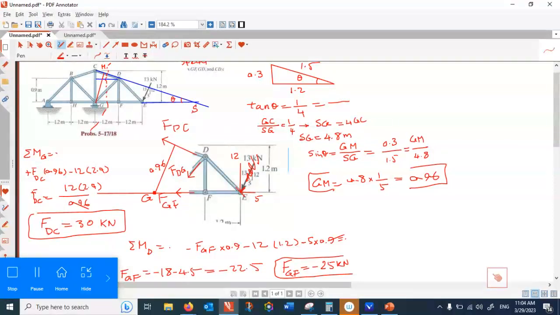So if I apply net forces horizontally, FDC horizontal would be minus FDC, 30 kilonewton, times cos theta. Cos theta is 1.2 divided by 1.5.